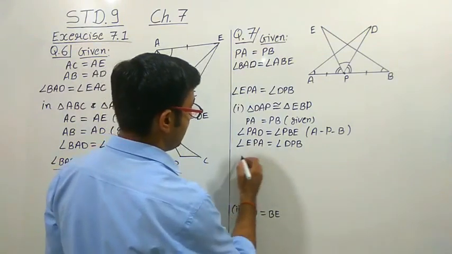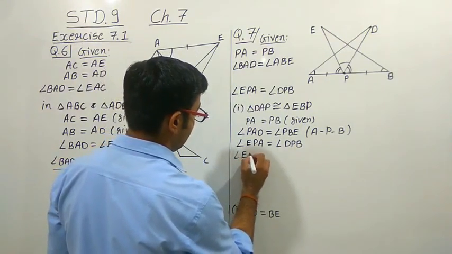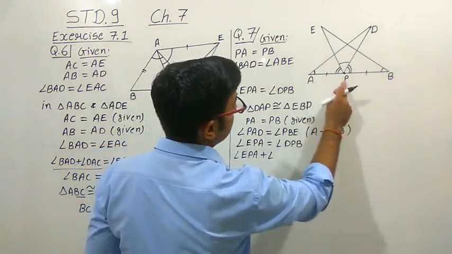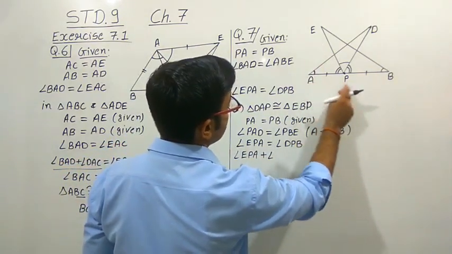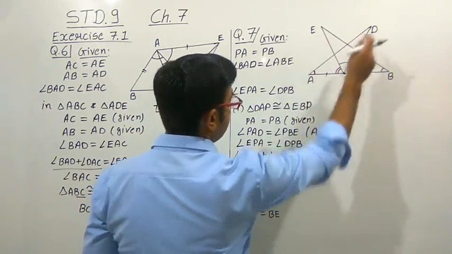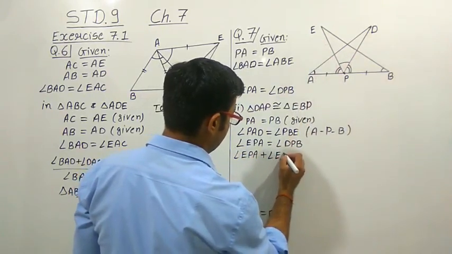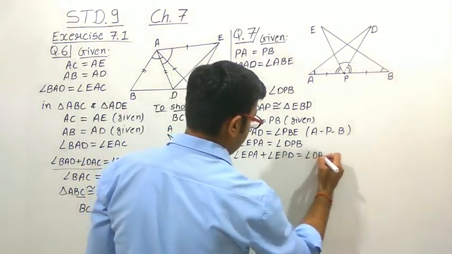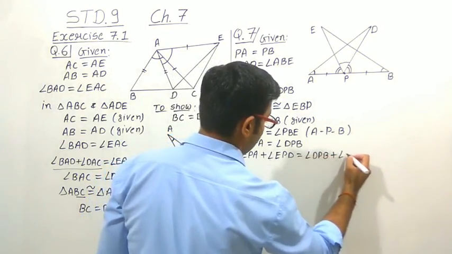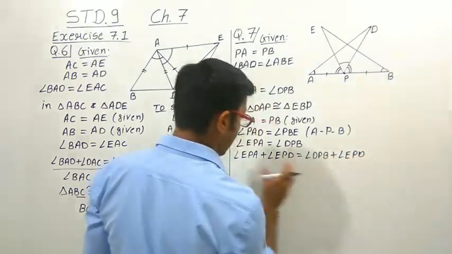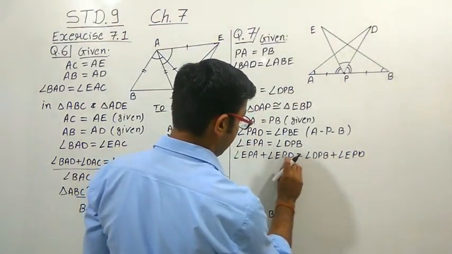We can write that angle EPA plus angle EPD, this angle we are adding, angle EPD. So on the right hand side also we have to add angle EPD. See, by adding these two angles we are getting our required angle.